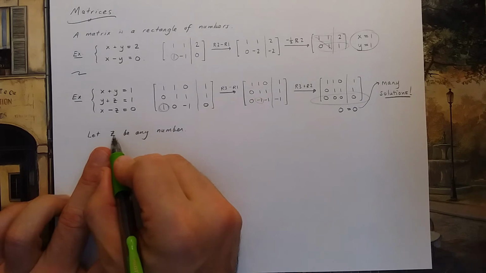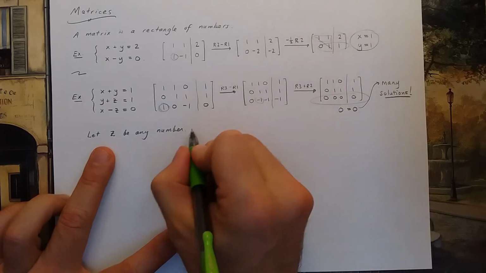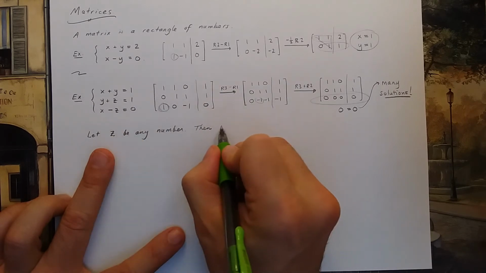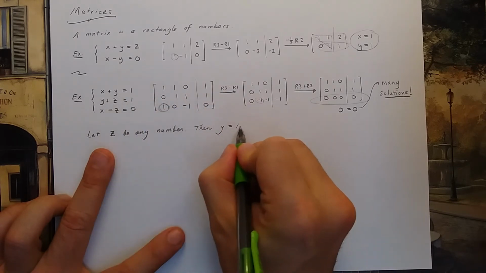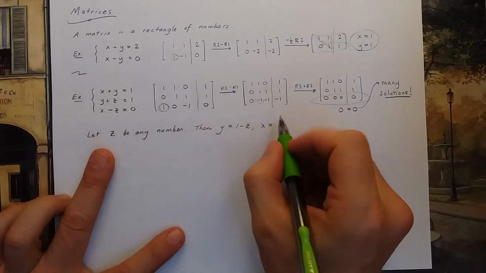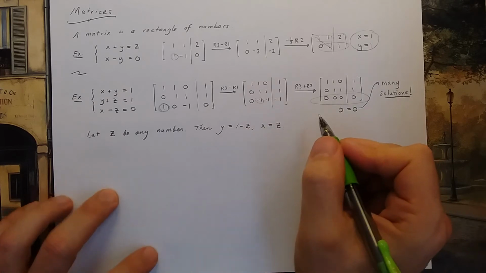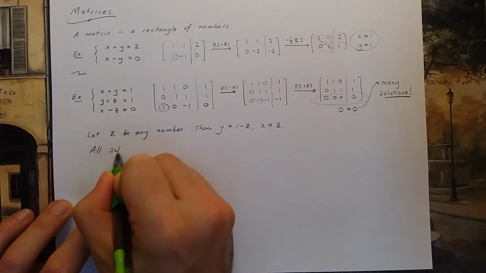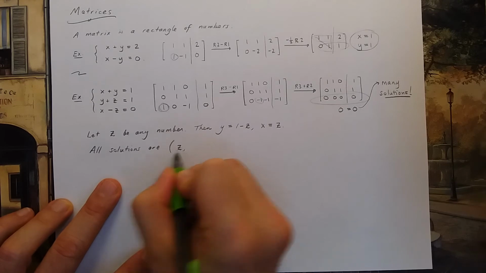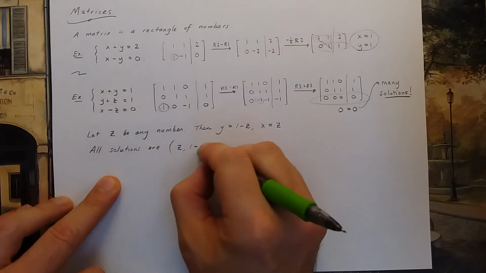Once I pin down what Z has to be, I could write X and Y in terms of Z. You can look at the second equation and say, well, if Z is anything, then Y is equal to 1 minus Z. And then looking at the top equation, X is equal to 1 minus Y, which would just be Z. So all solutions are, well, the first coordinate X can be Z, the second coordinate Y can be 1 minus Z, and the third coordinate Z again.